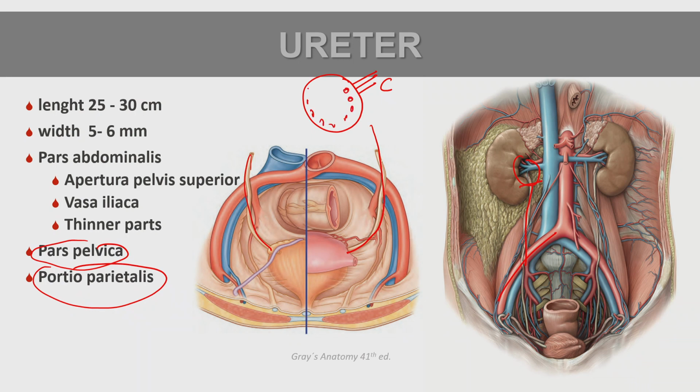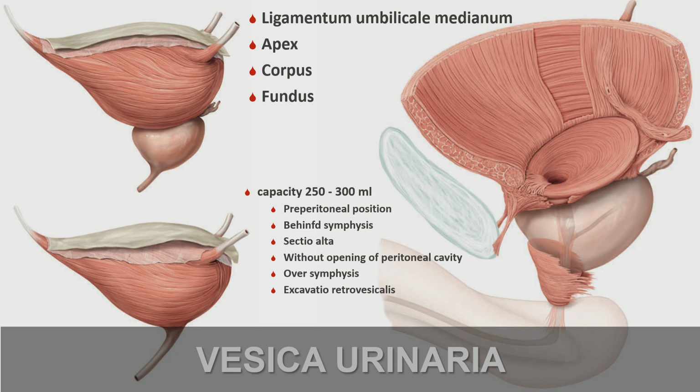It's vice versa than in the gastrointestinal tube. So now we have ureters, and ureters entering the large sac, which is called vesica urinaria, the urinary bladder.